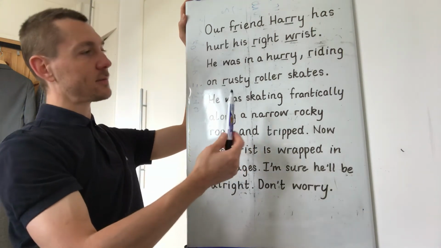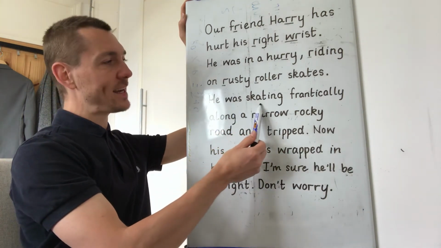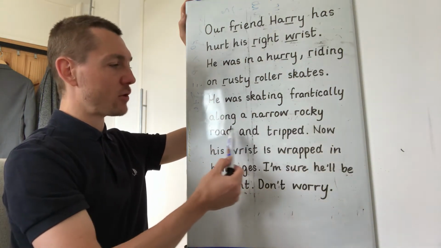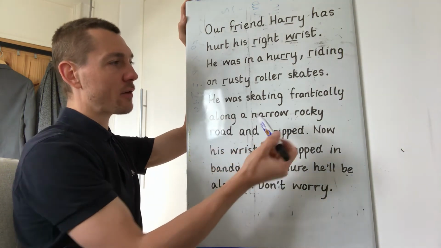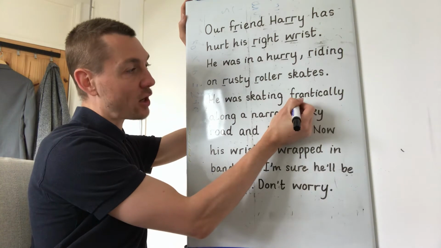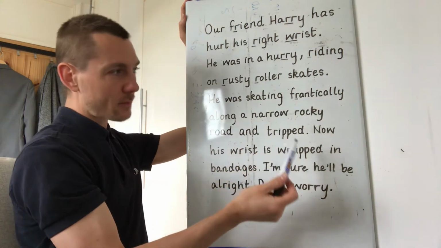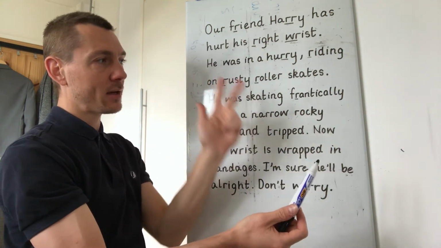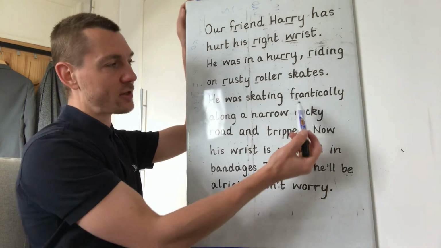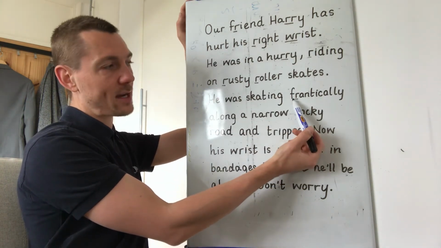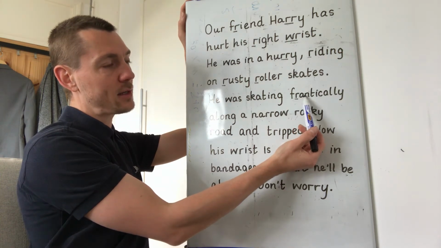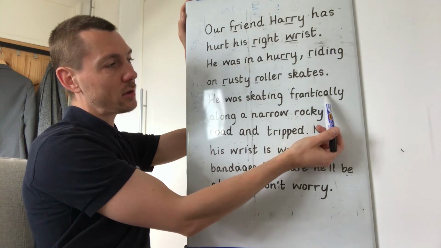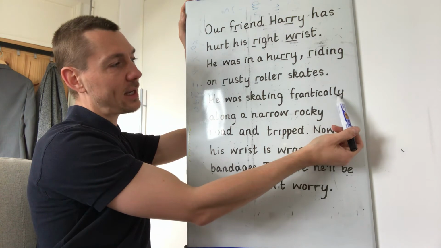The next sentence. He was skating frantically along a narrow, rocky road and tripped. Okay, so frantically has the R on its own spelling. That's a 4-syllable word. Frantically. So you should have been able to use those sounds to write that down. Fran, t, k, cool, li.